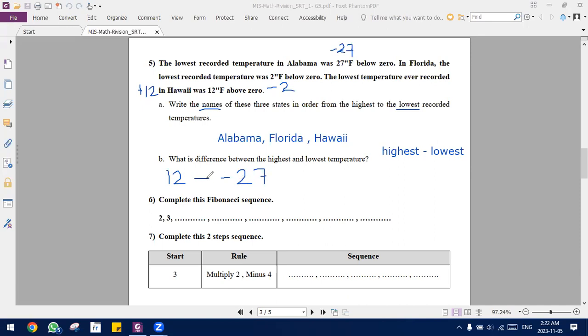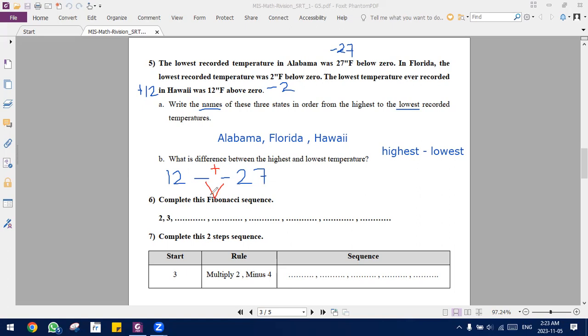Now here we need to be careful. We have minus 27, so we have 2 signs after each other. As we said before, we can combine them. Minus and minus, minus times minus, will convert to a plus. Or how to memorize it? If the signs are similar, then it's plus. If they are different, then it's minus.